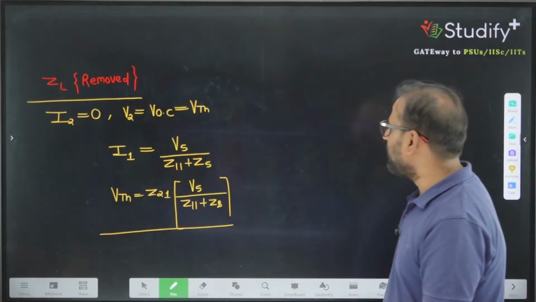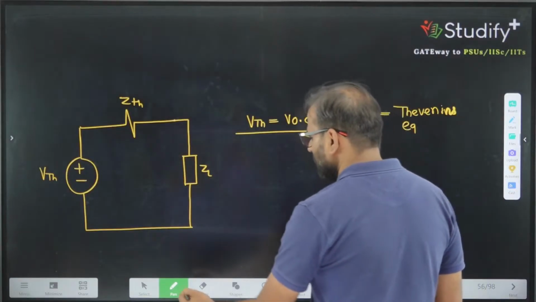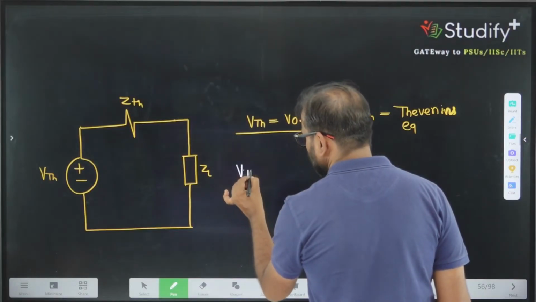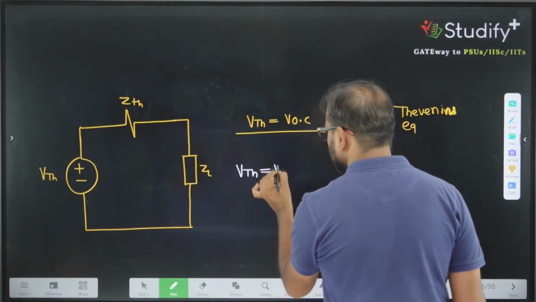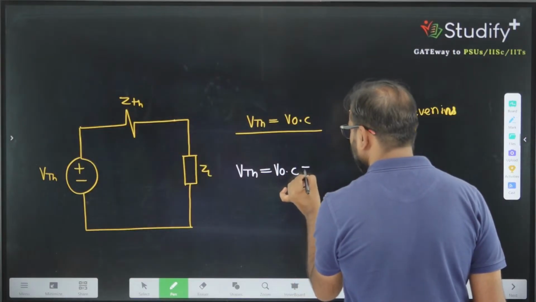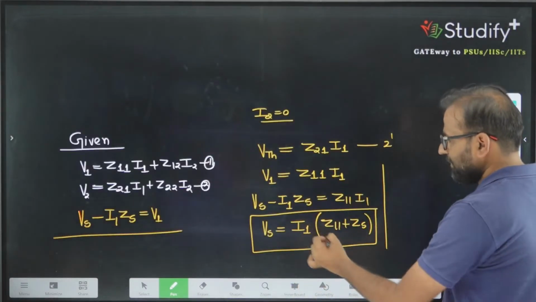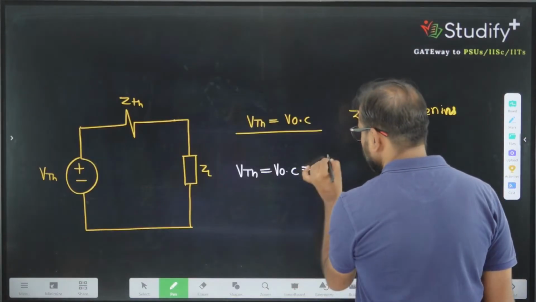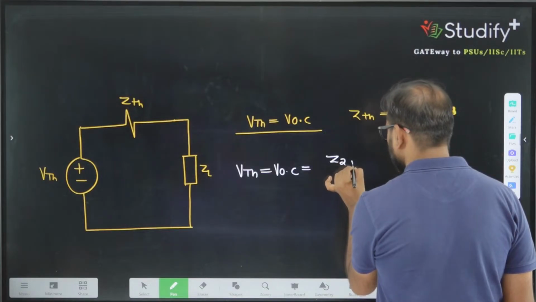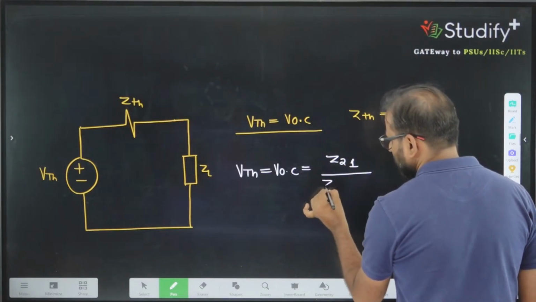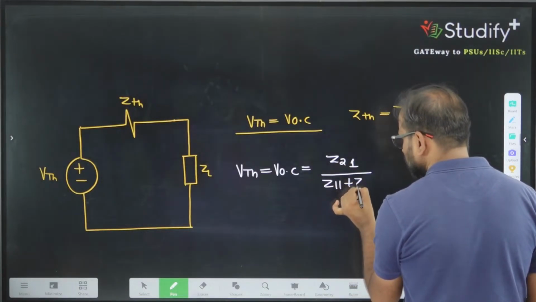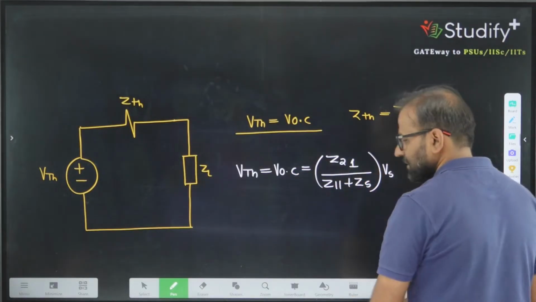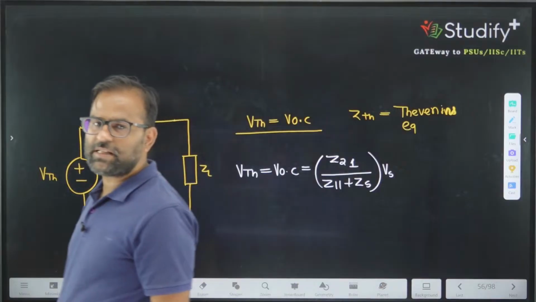So how do we define the Thevenin's voltage? The Thevenin's voltage VTH is equal to VOC, and this value is given by Z21 divided by Z11 plus Zs multiplied by Vs. This is the idea for Thevenin's equivalent voltage.